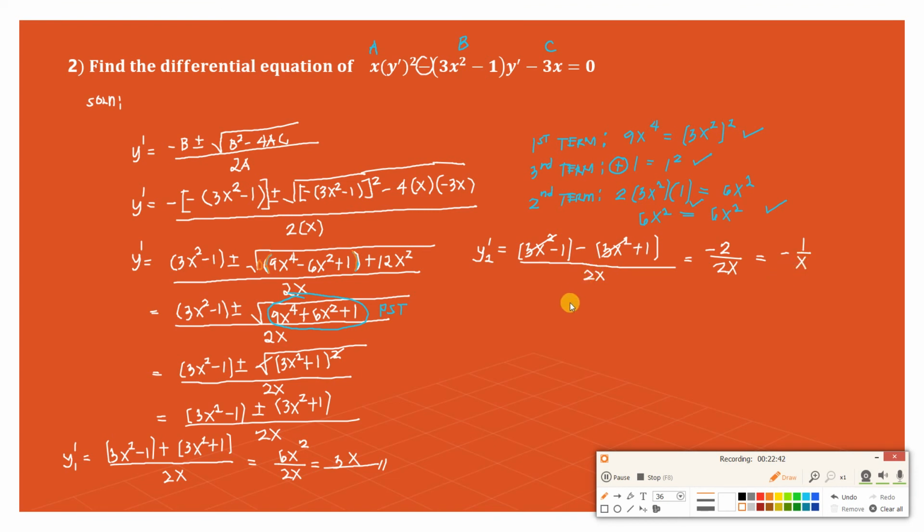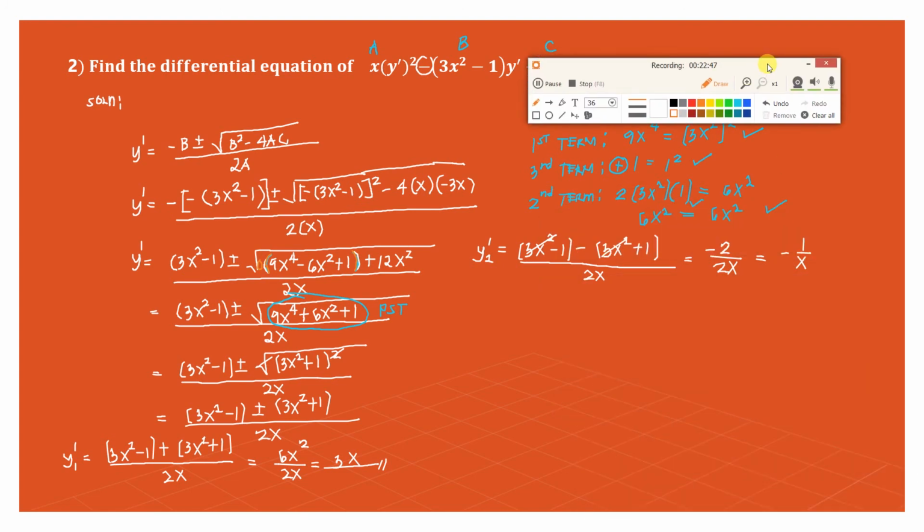So, okay, hatiin ulit natin sa gitna. Yung una, y prime sub 1 equals to 3x.